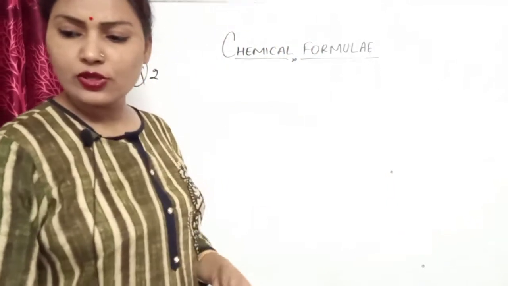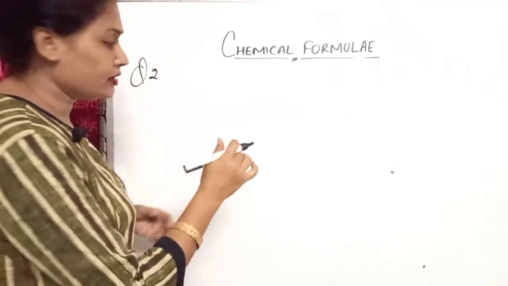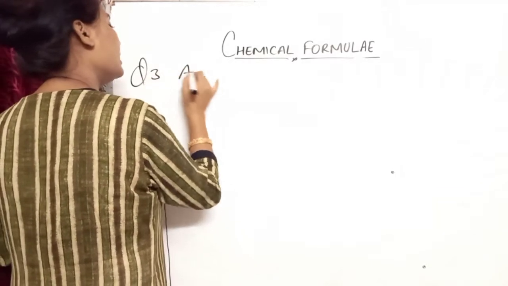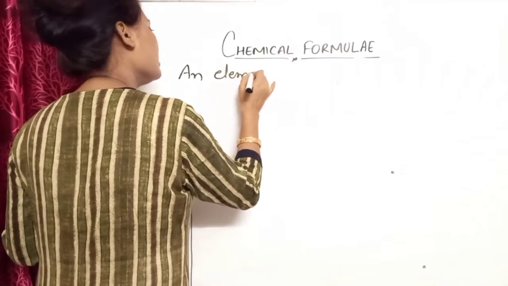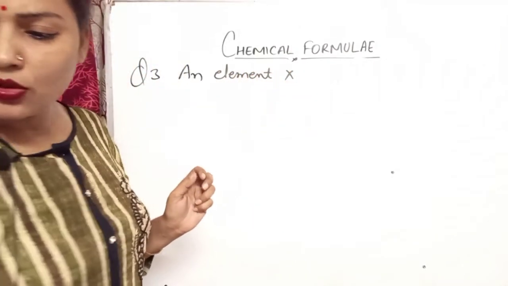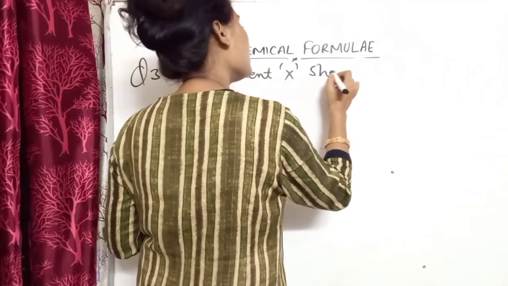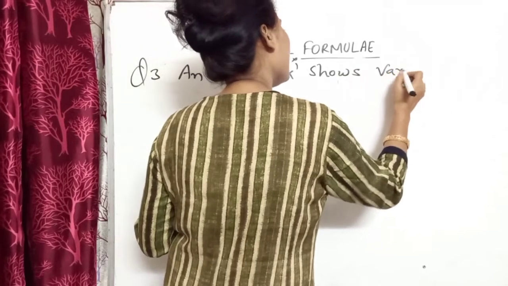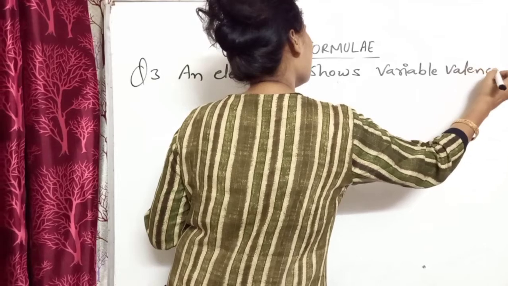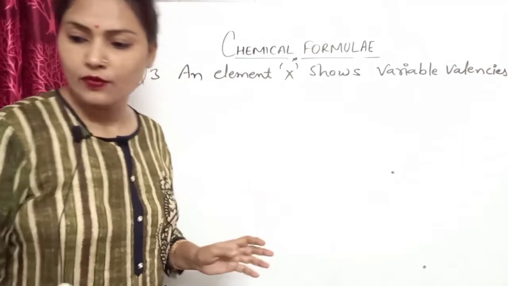Now the next question is the third question. We can write that question. An element X shows variable valency, variable means more than 1, okay.